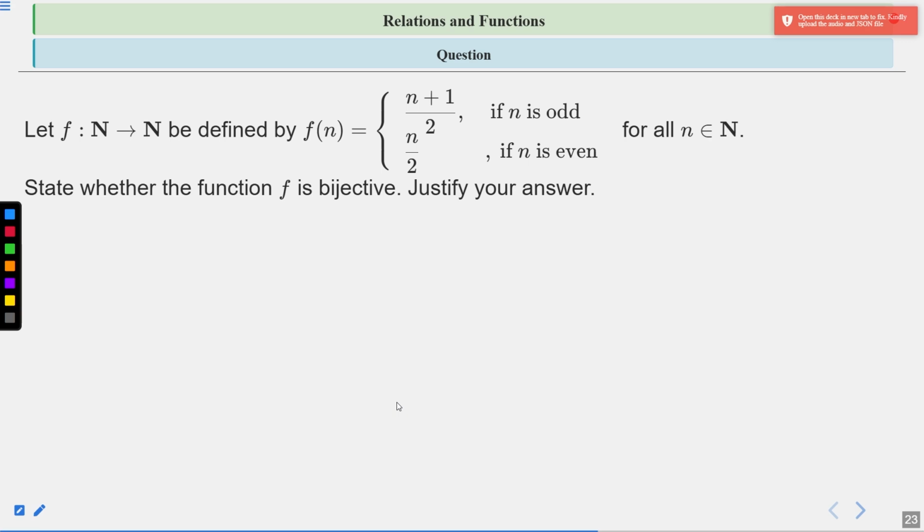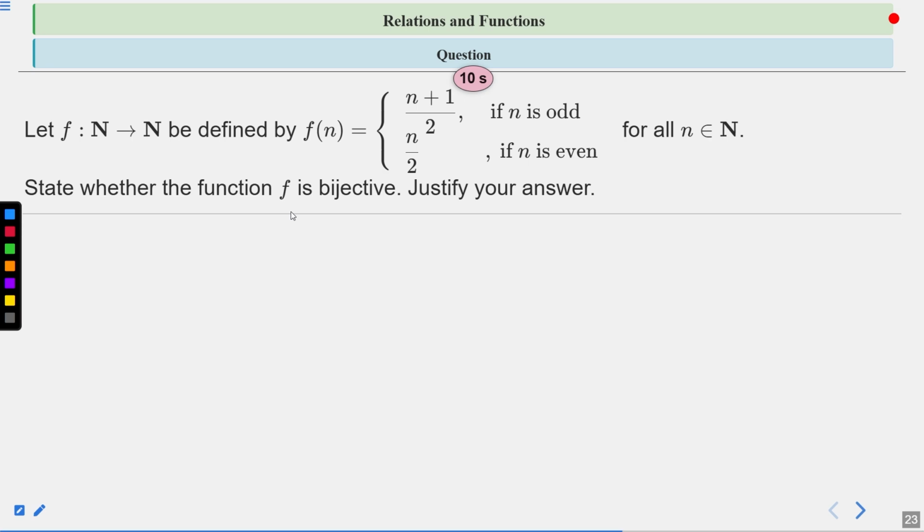This question. Let f from N to N be defined by f(n) equals, piecewise: when n is odd, then f(n) is (n plus 1) by 2; when n is even, then f(n) is n by 2. State whether the function is bijective. You'll have some seconds to try this problem, then afterwards we will move on to the solution slide.